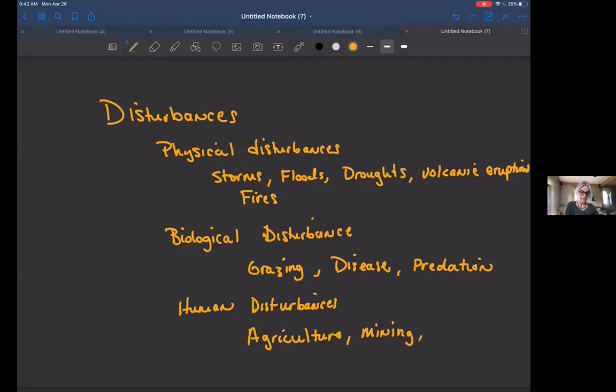And then obviously logging. So this is really important when we're talking about restoration of an ecosystem. What were the normal disturbances in an ecosystem? What is the community that tends to persist for extended periods of time?